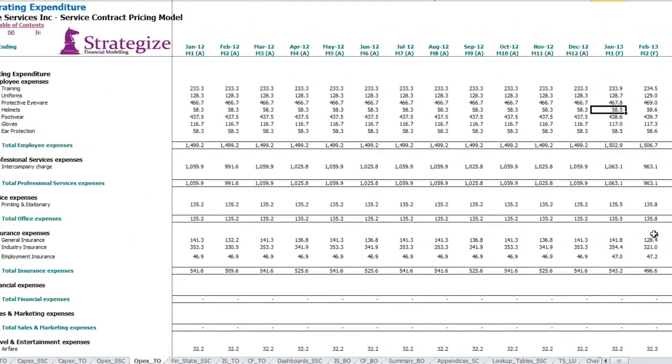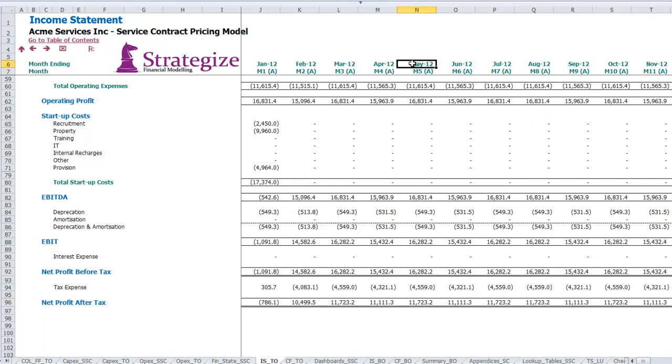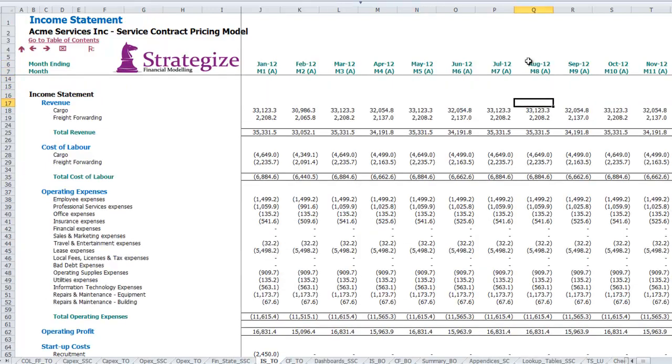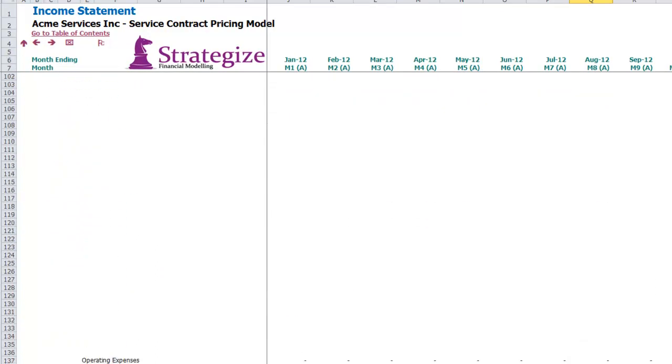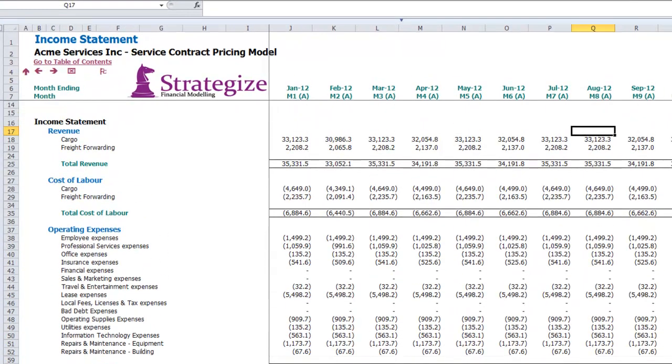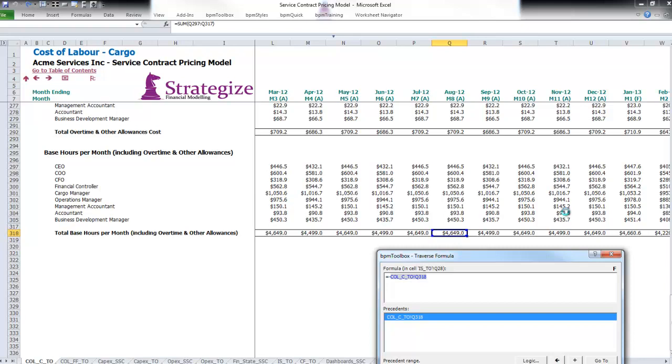So we can now present all these costs and obviously revenue figures in our income statement. And obviously, as per best practice financial modelling, there are the respective error checks, just reconciling these numbers back to their source worksheets, such as our cost of labour.